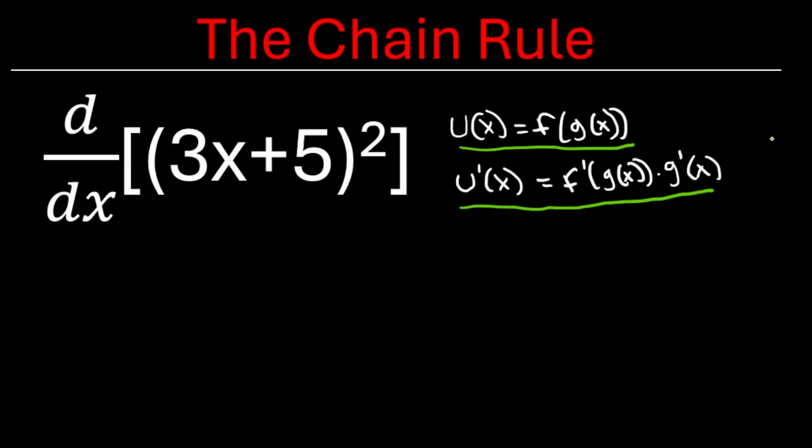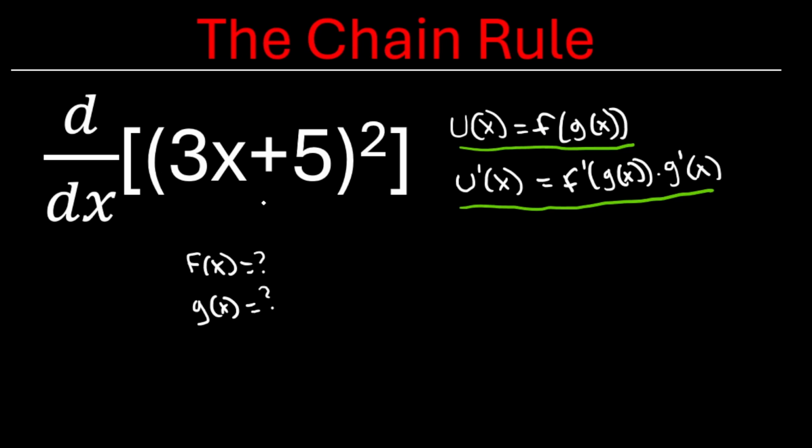Now, the key for these kind of questions is to find your inner and outer function. So that brings us to our first example, d dx of (3x plus 5) squared. So we'll denote our outer function as f of x and our inner function as g of x.